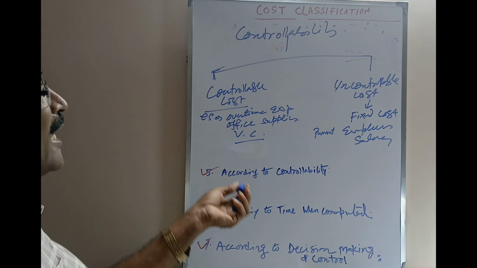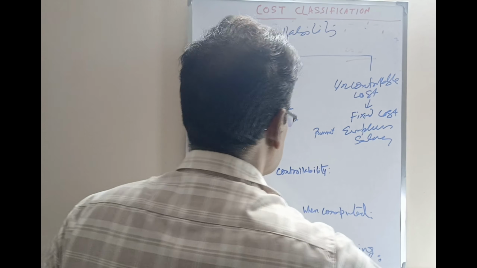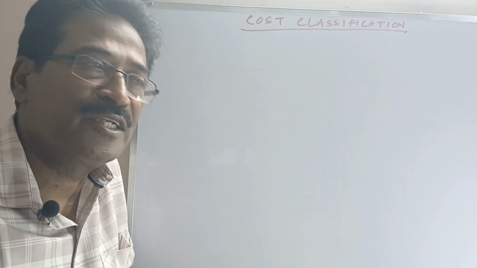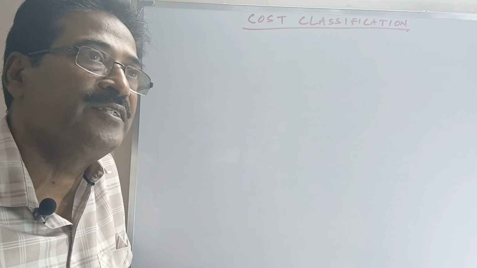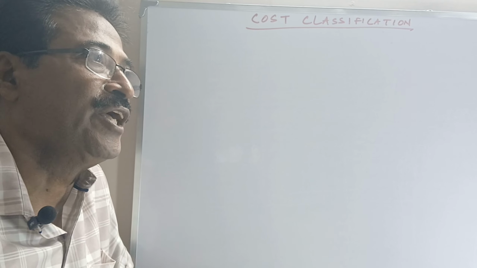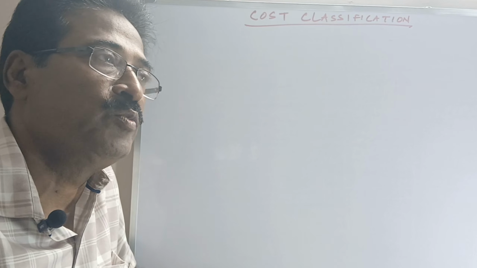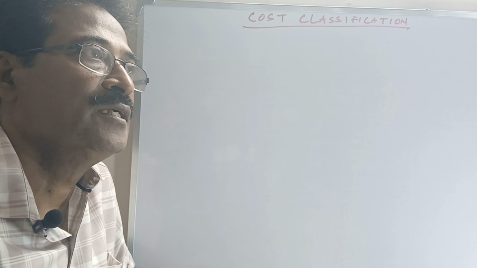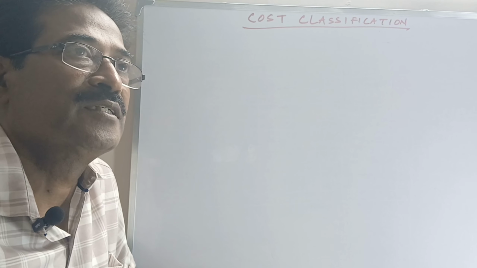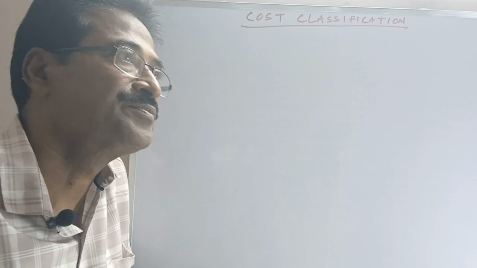So controllable and uncontrollable mean variable cost and fixed cost in other sense. Fixed costs are generally considered uncontrollable because any change in the fixed cost of an organization has to be approved by top level management according to the policy decision undertaken.